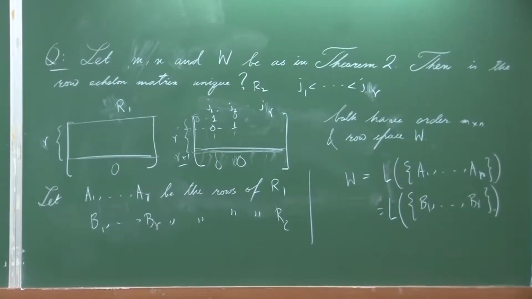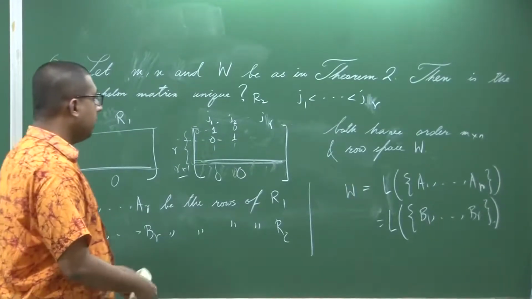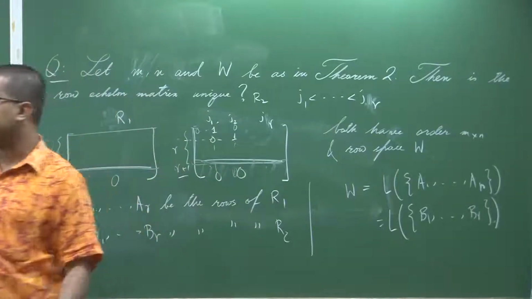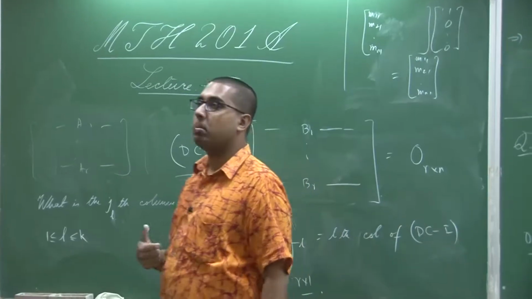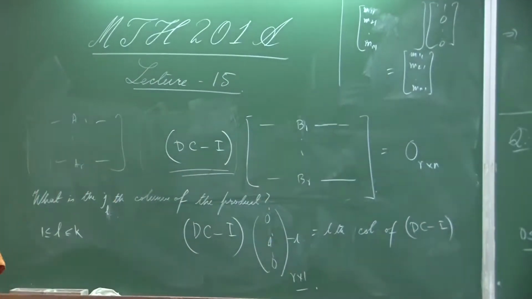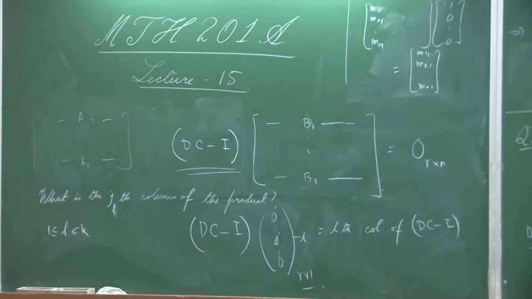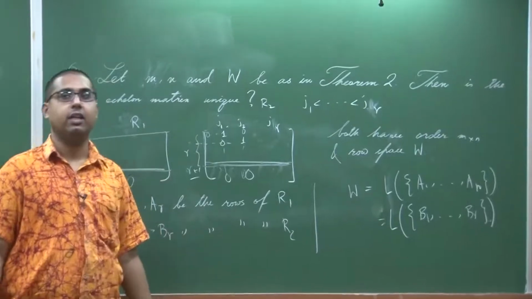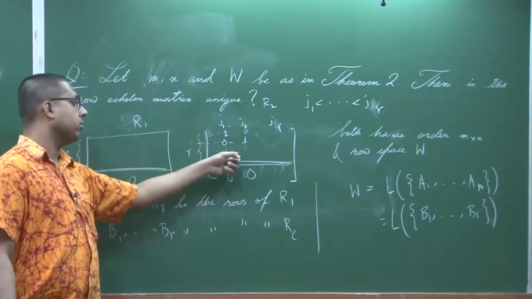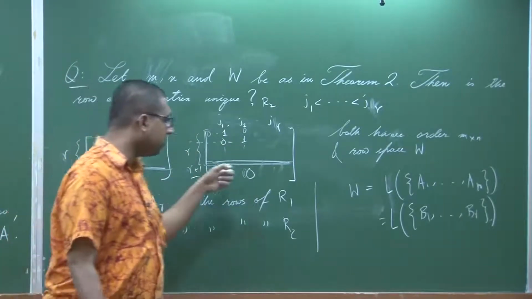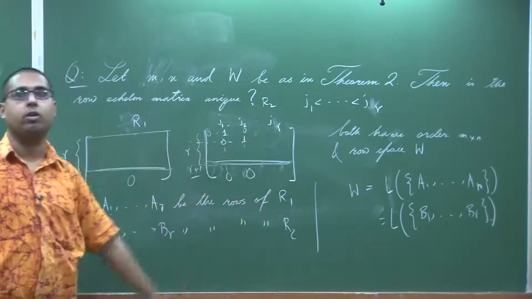Now, from the row equivalence of these new matrices, I will prove that when I consider the zero rows altogether, even then they will be row equivalent. Not a contradiction, because I have not assumed anything contrary yet. So, that will prove that R1 and R2 are row equivalent.